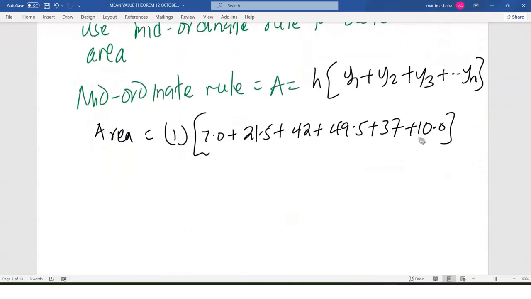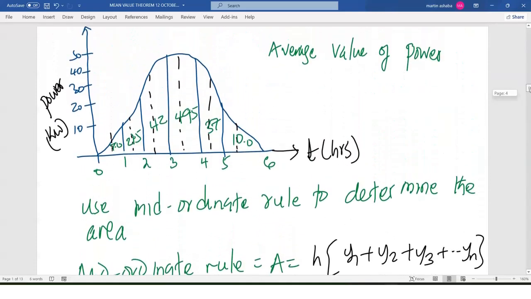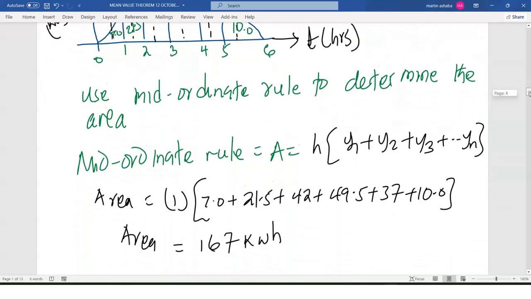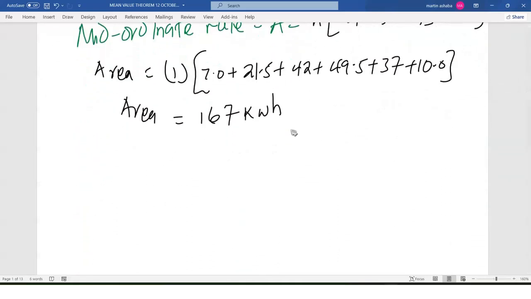When I evaluate this, the area is going to be 167 kilowatt hours. So that will give us the energy that has been consumed by the load. It is giving us the approximate area.